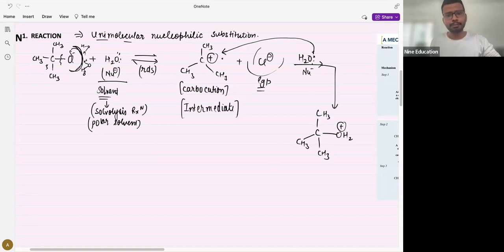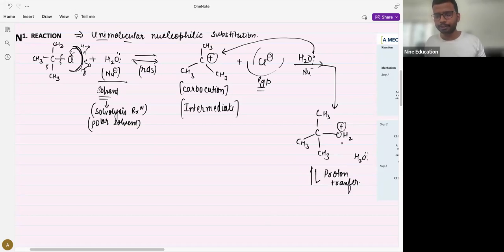अगर इसने ऑक्सीजन ने अपने इलेक्ट्रॉन्स कार्बन को दिए तो oxygen will become positive charge. Now again what will happen, अगर oxygen is electronegative in nature, it can't take positive, so it will do the proton transfer reaction. It will remove the proton from here and it will transfer proton H positive to another H2O molecule.